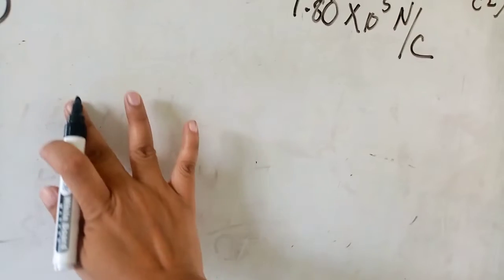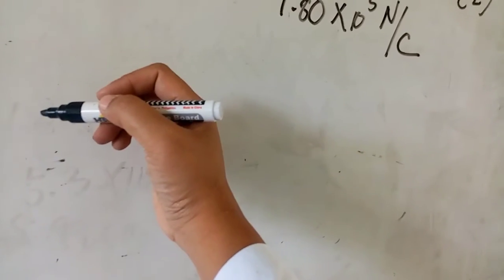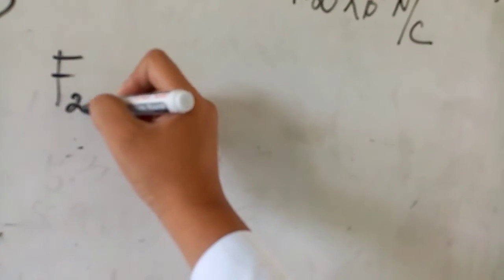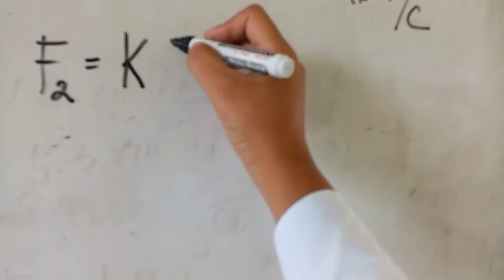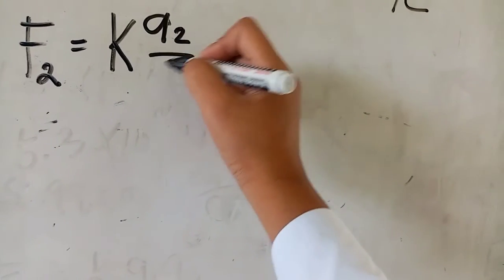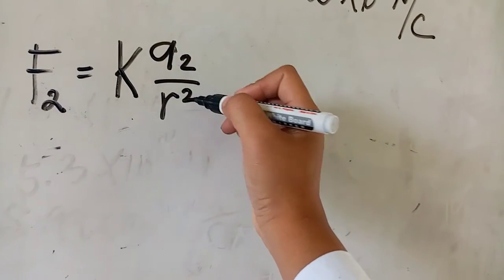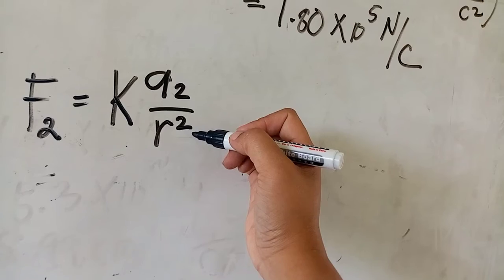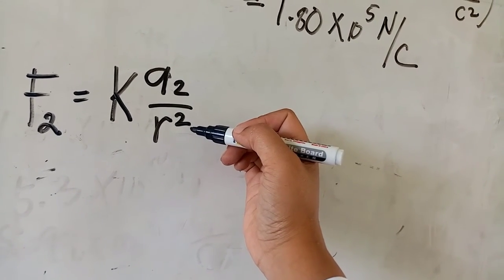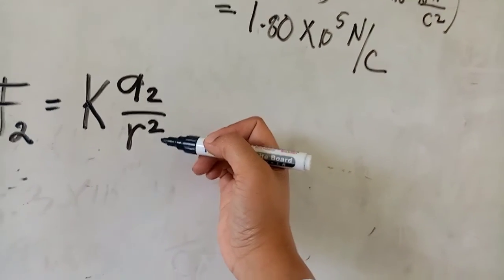So the magnitude of the electric field produced by charge 1 is equal to the proportionality constant times the charge 1 over the distance between the charge 1 and the point P at 0.400 meters.